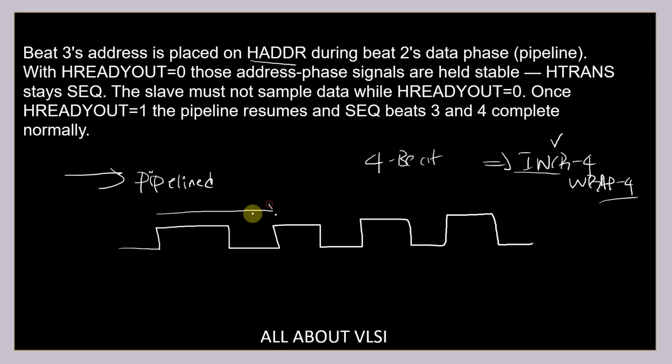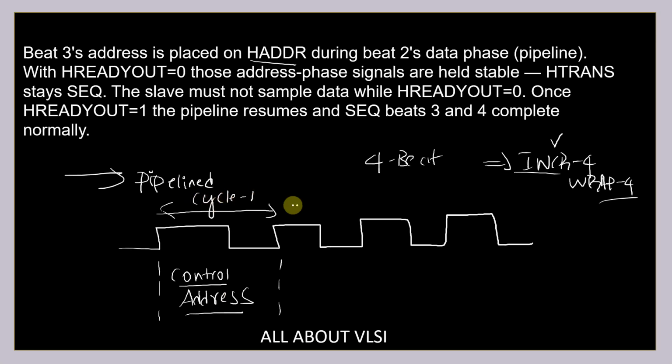In the first cycle, we are going to provide all the control signals and the address signal, not the data signal. We are only going to send the control and address information in cycle number one. In cycle number two, we are going to send the data.